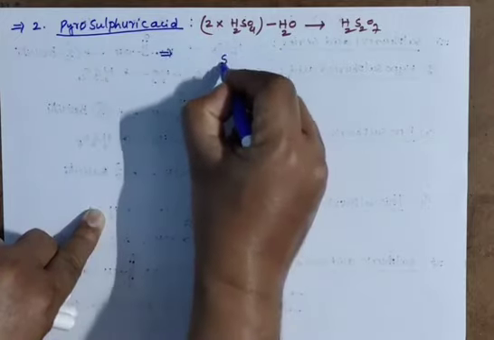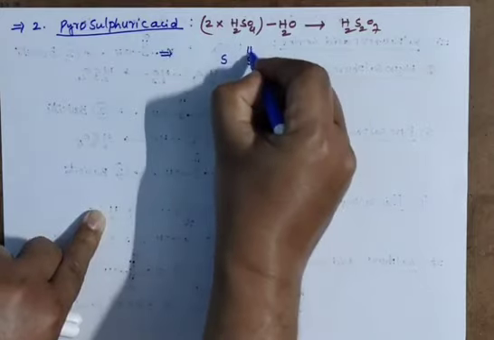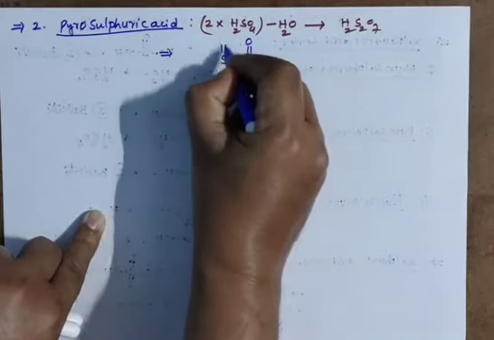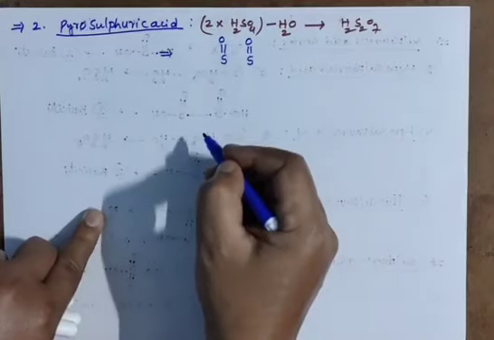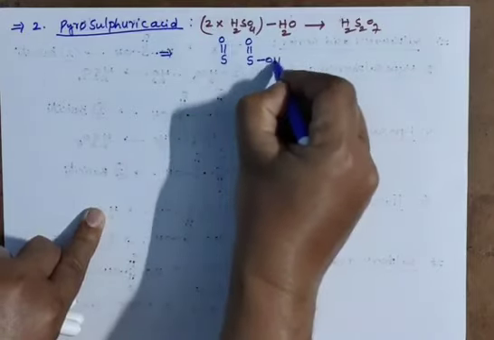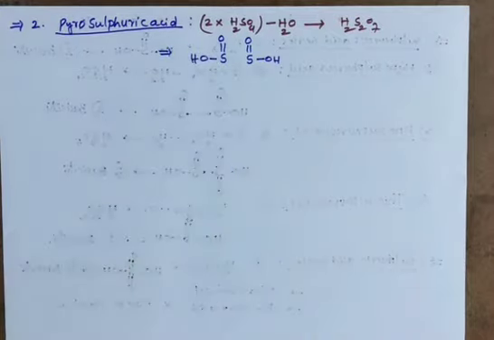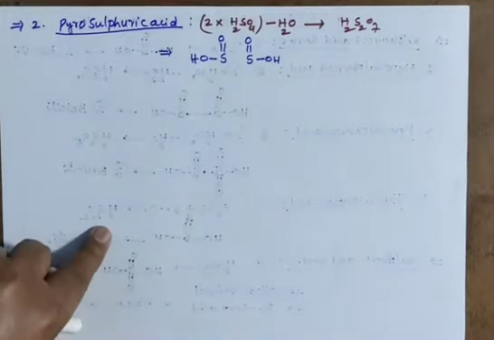2 sulfurs are there. Take 2 sulfurs. Each sulfur having one double bond O and one OH group. This is the basic unit. Remaining you count. Total 7 are there.